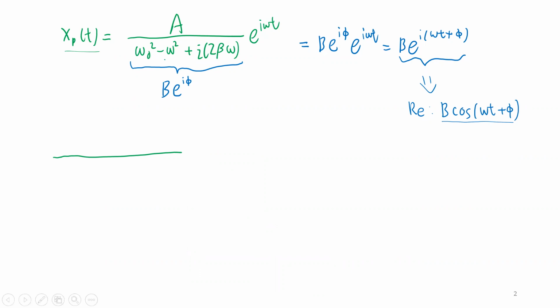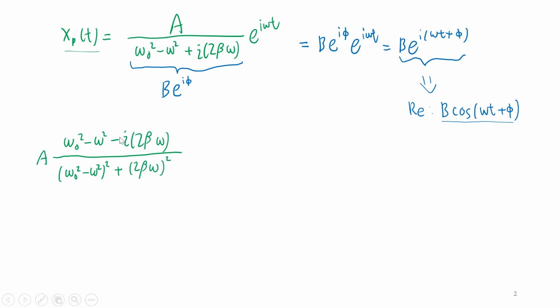Then what you have would be on the numerator, and in the denominator, what you have is A over here.